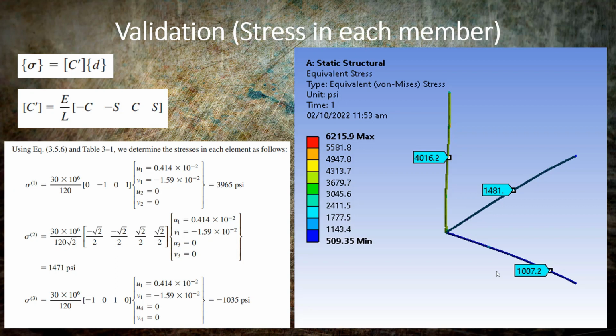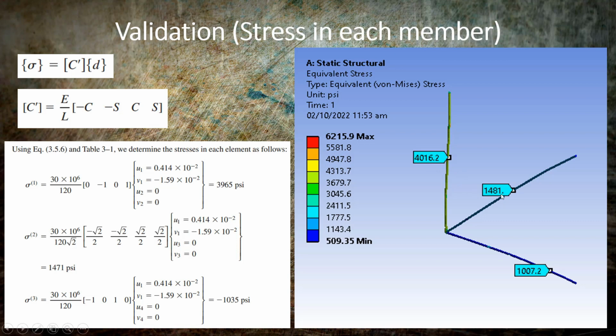Now we will compare the stresses. To find out the stresses, we have this formula for stress calculation, in which C matrix is obtained by using this formula, and D is displacement matrix. So the stress in the first member is equal to 3965 according to direct stiffness method, and from ANSYS we have obtained 4016, which is pretty close.